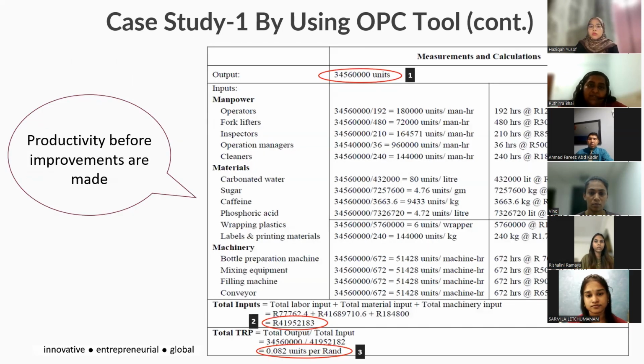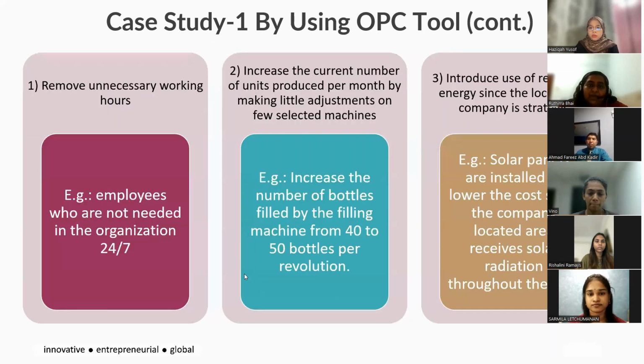This shows the first calculation, which is before the improvement was made. The output is 34,560,000, the input is over 41 million rand, and the total resource productivity is 0.082 units per rand. As part of this study, they made some improvements. First of all, they removed the unnecessary working hours. The people who were not needed 24/7 in the company were removed.